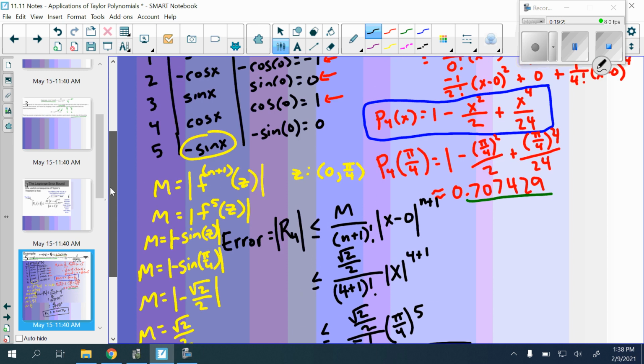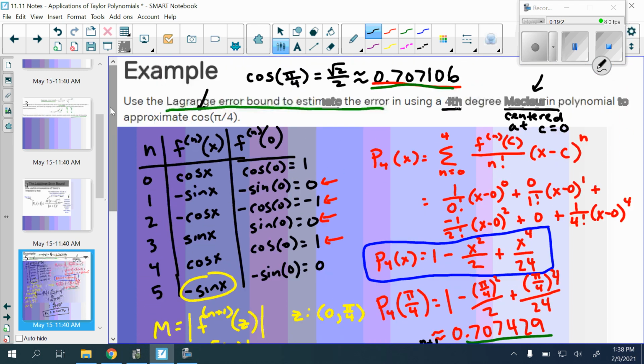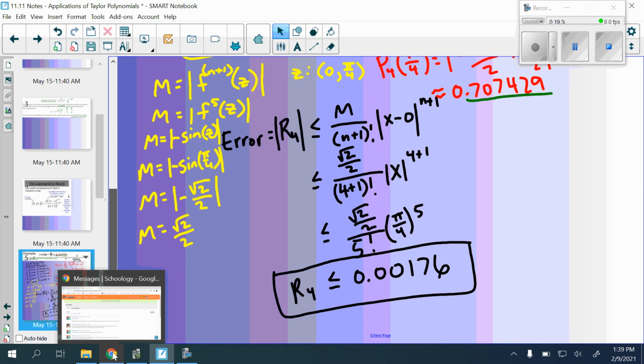And you can see from our two answers here that we were definitely within 0.1 in the thousandth place. In fact, we had the same value there in the thousandth place. But we're guaranteed accuracy out to that amount. So that would be our R value. That's the Lagrange error in those two calculations.